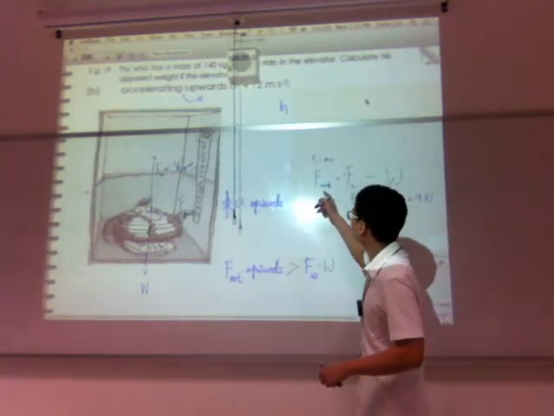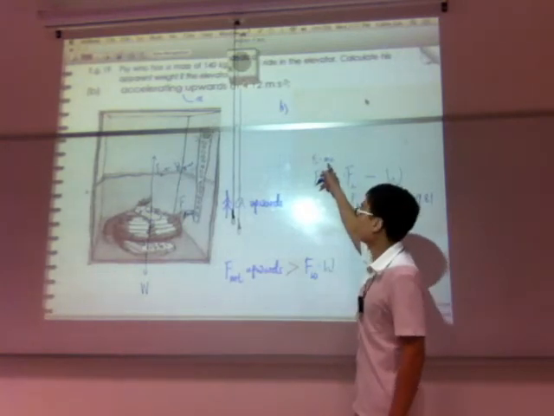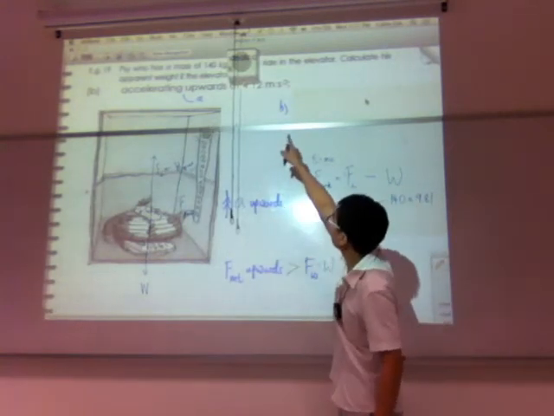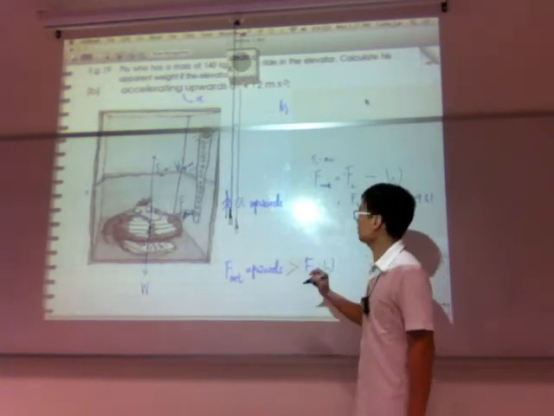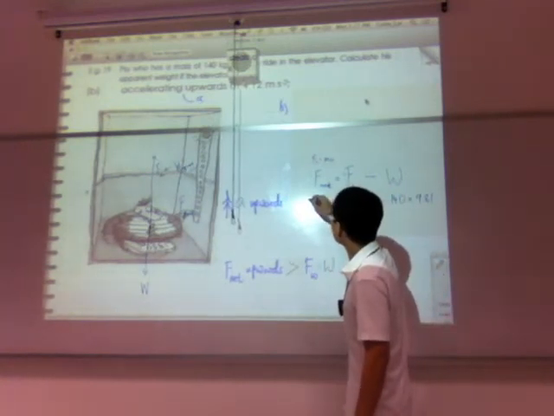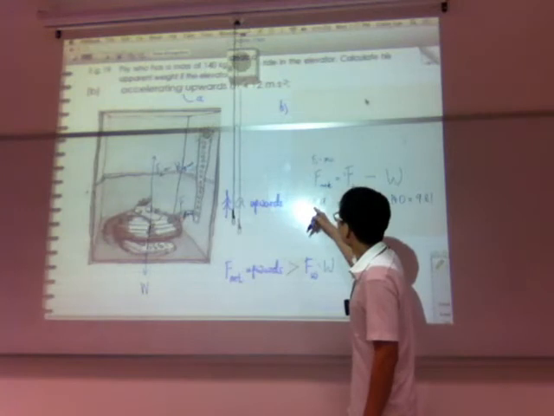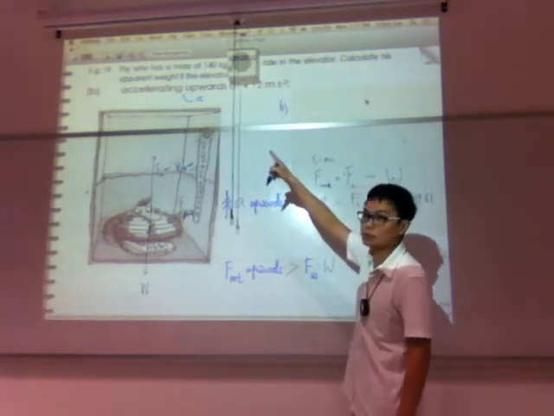You understand? And over here is your net force. Now the net force is therefore related to MA, and A is given to be 4.12. So you would just write down MA there. Now the mass has to be the mass of the person, right?